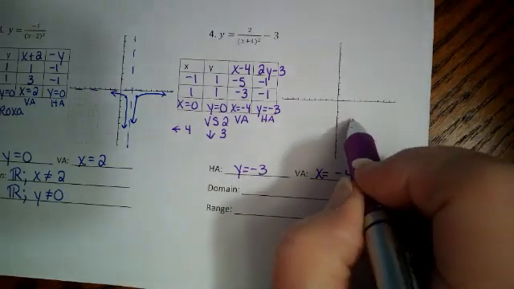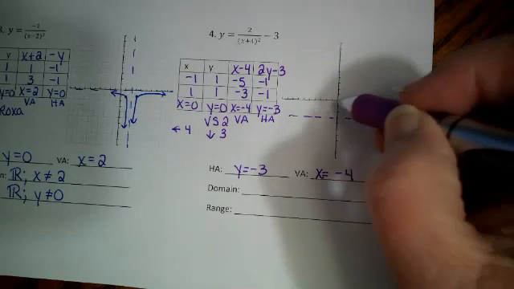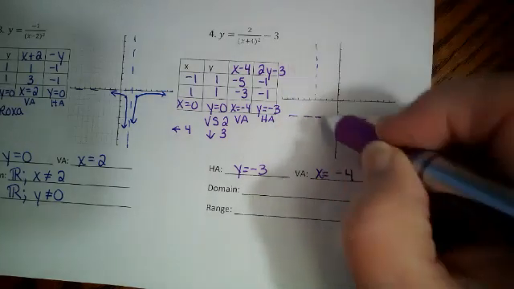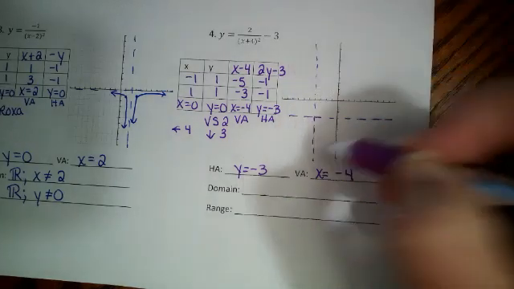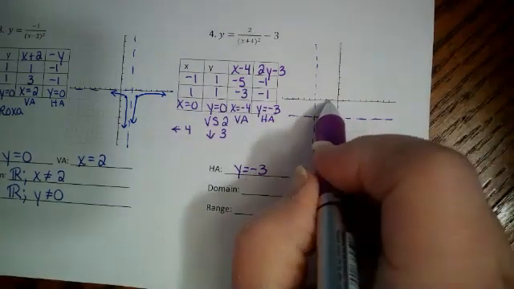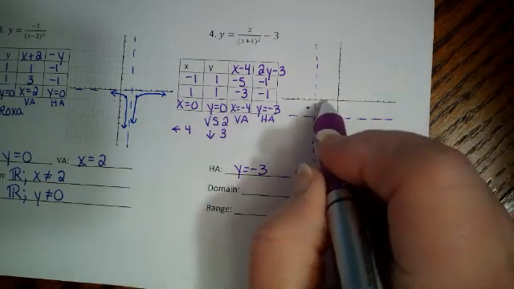And we're going to place those on our graph. Let's see, 1, 2, 3, 4. And then we plot our points. Negative 5, negative 1. Negative 3, negative 1.